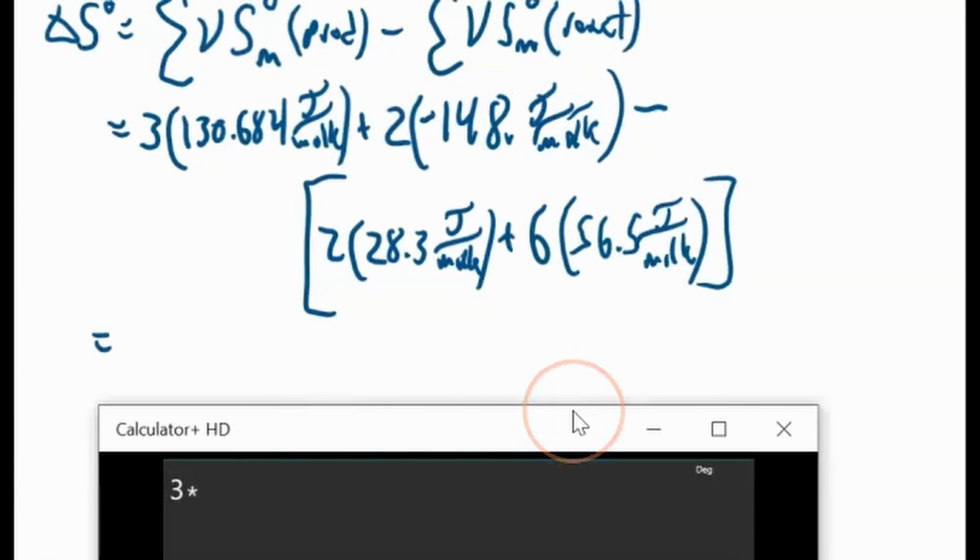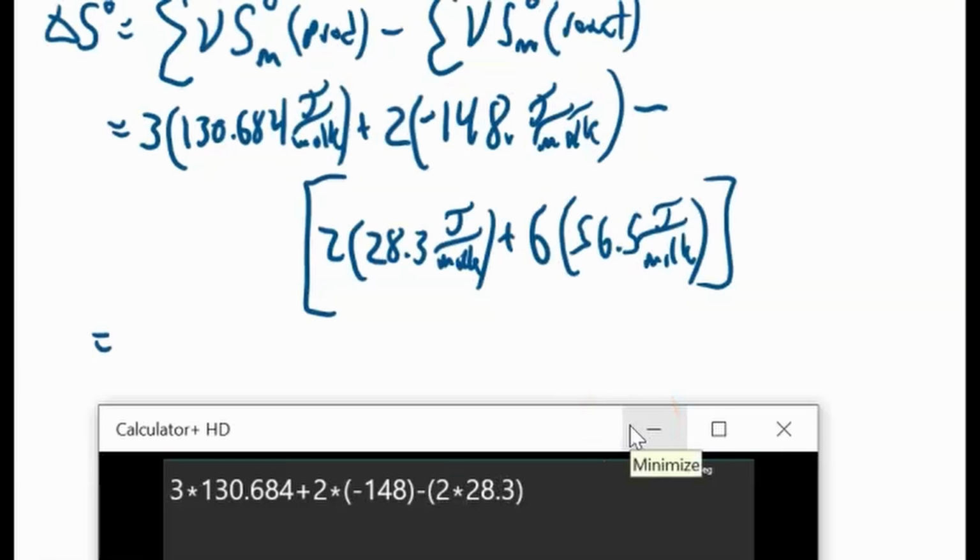We don't need that number. 3 times 130.684 plus 2 times negative 148. Close brackets, minus big bracket here, 2 times 28.3 plus 6 times 56.5. And I think our brackets look good.